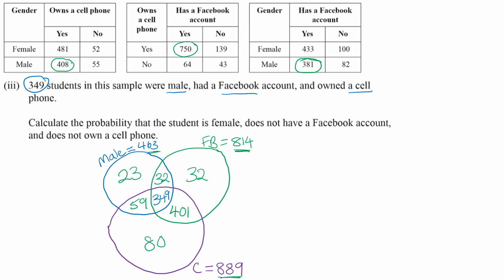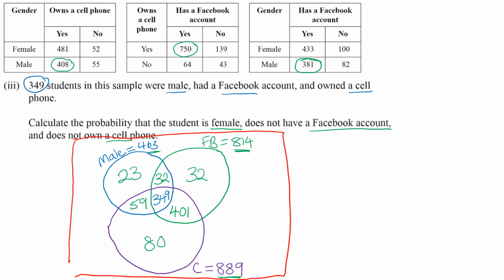Now at this point we can calculate the probability that a student is female, does not have a Facebook account and does not have a cell phone. That means they're not in any of these groups. Now I'm running out of room a little bit, I'm going to have to overlap, but we have our outside set of all of the people in this group, and we knew that there were 996 of them.